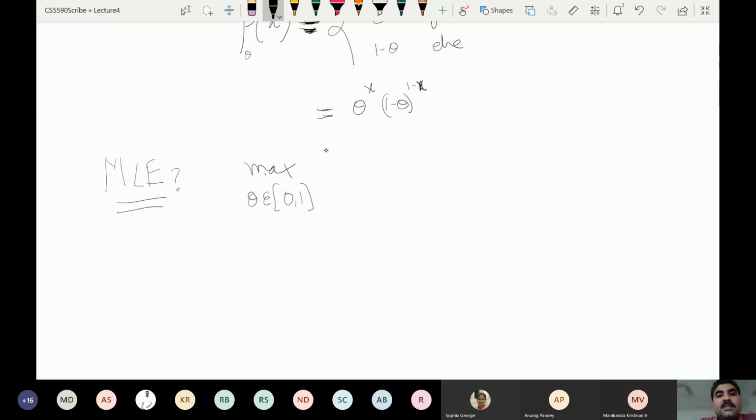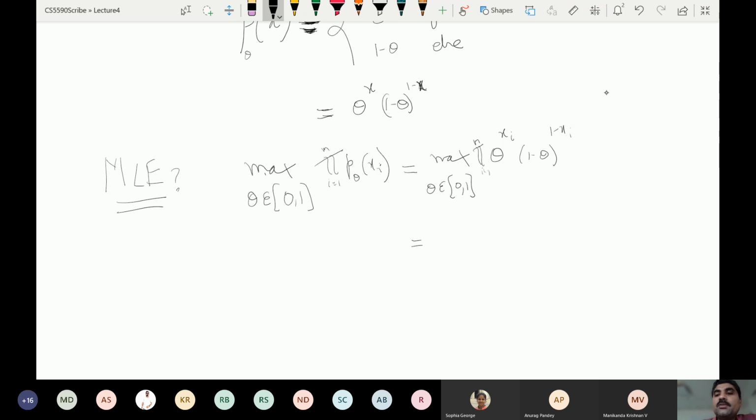And what is the objective? The objective is the product of likelihoods of each of my points, that's the likelihood of the entire training set. So which is equal to, in this case, the product of theta to the power of xi into 1 minus theta to the power of 1 minus xi.